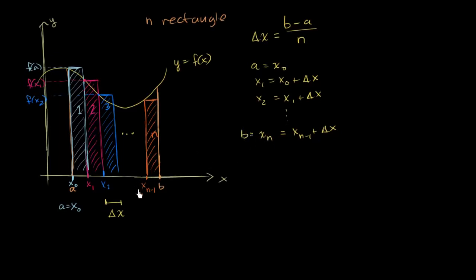So this is xn. It's equal to xn minus 1 plus delta x. So now I think we've set up all of the notation and all of the conventions in order to actually calculate the area, or our approximation of the area.